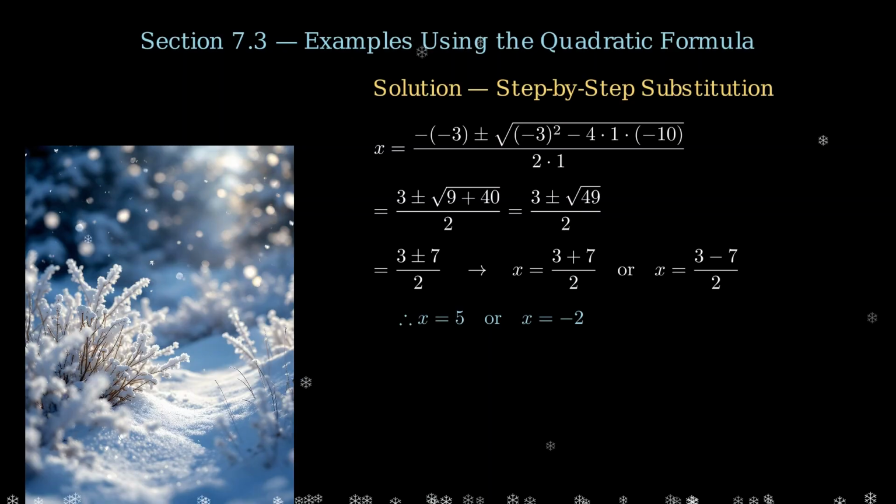Since the square root of 49 is 7, this reduces beautifully to 3 plus or minus 7 over 2. Splitting into two cases, 3 plus 7 over 2 gives 5, and 3 minus 7 over 2 gives negative 2. Therefore, our answers are x equals 5 or x equals negative 2.